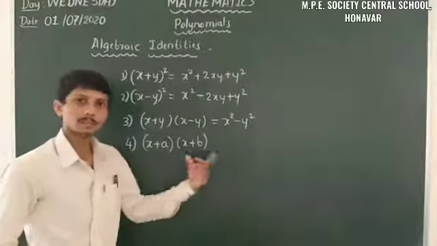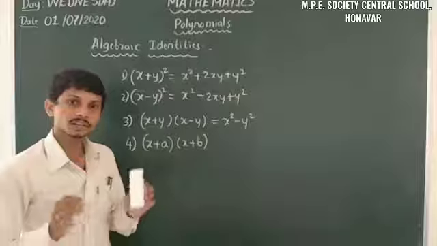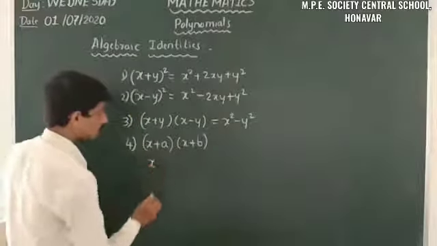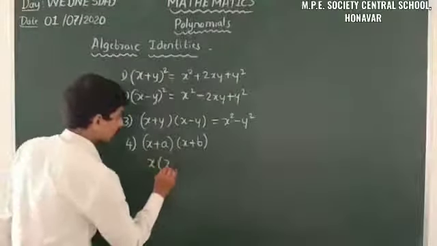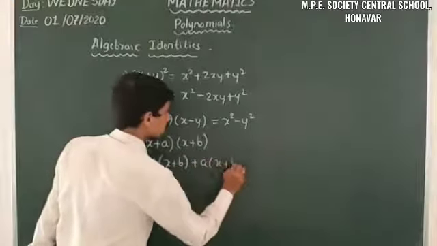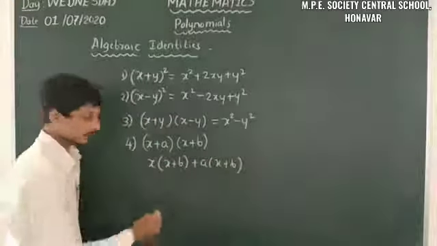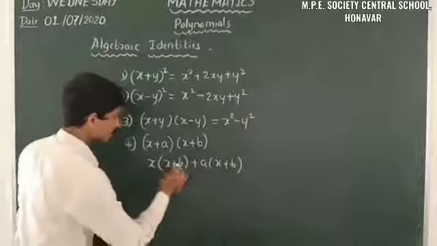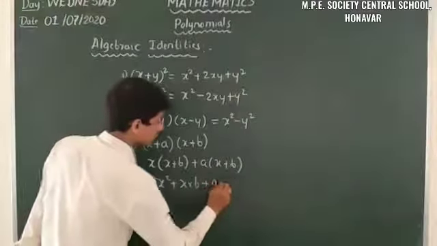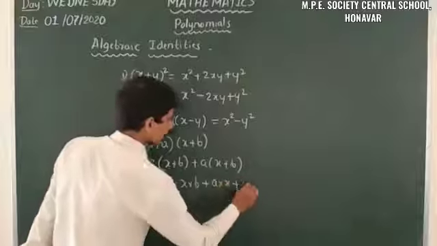After that we have to solve. So let us solve by yourself. Here I will take x into (x plus b) plus a into (x plus b). So again x into x is x square, plus x into b, plus a into x, plus a into b.